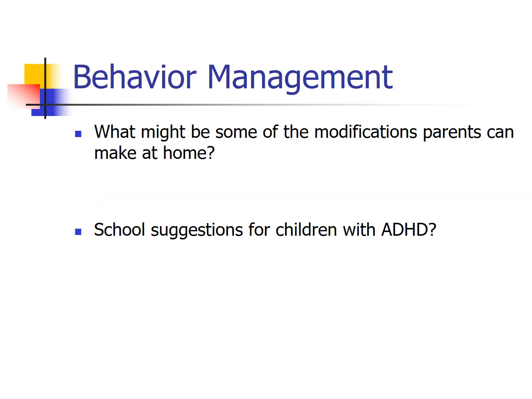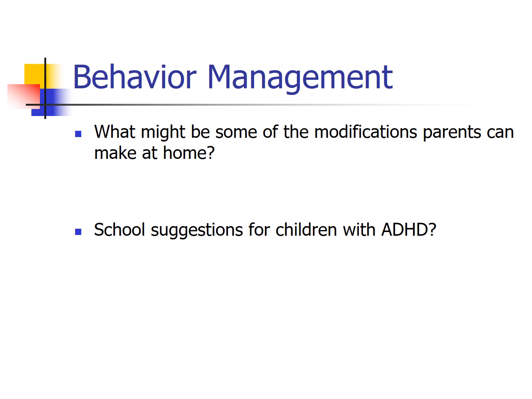So when we look at behavioral therapy or behavioral management, what might be some of the modifications that parents can make at home? Well, a lot of times the child struggles with getting the right homework, bringing it home, completing homework, completing tasks at home, being organized, those sorts of things.